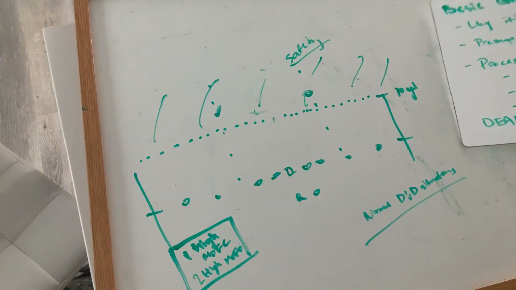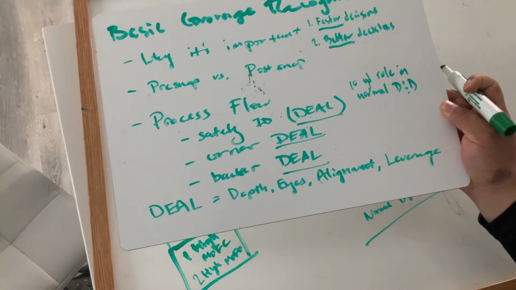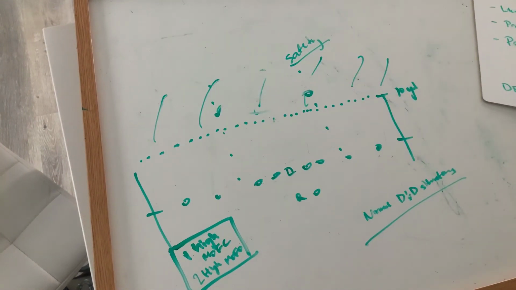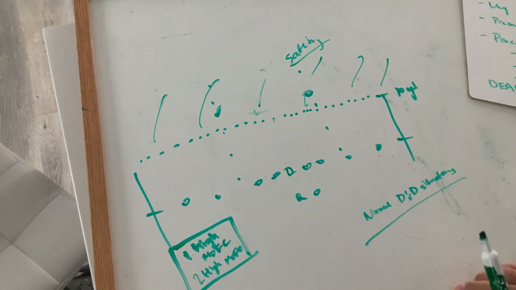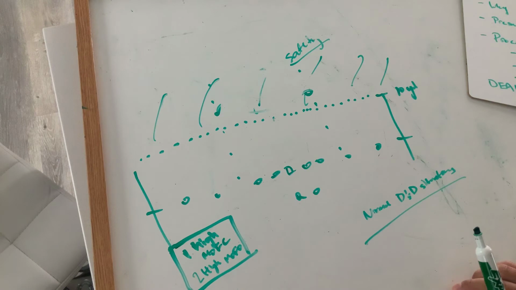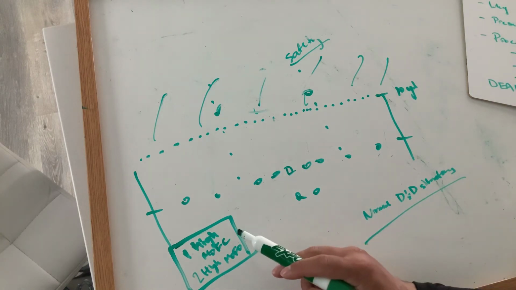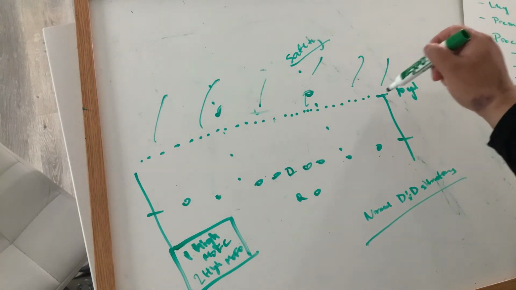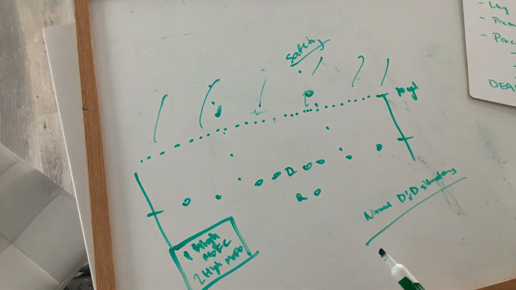Ultimately, with the safeties, depth, eyes, alignment, leverage, all of that we're basically calculating quickly by figuring out: is it middle of the field open or middle of the field closed? So in this case, their depth, aka anything over 10 yards, their eyes I wouldn't worry about too much.